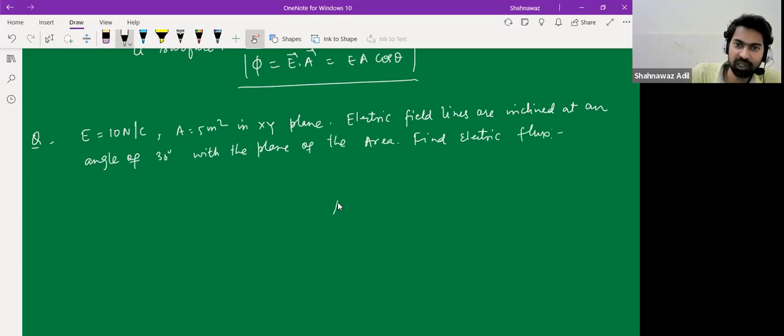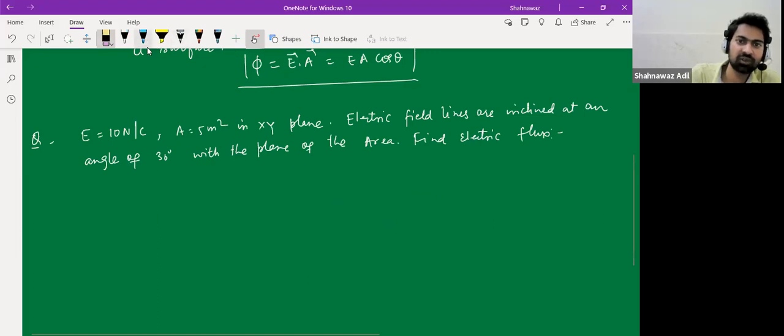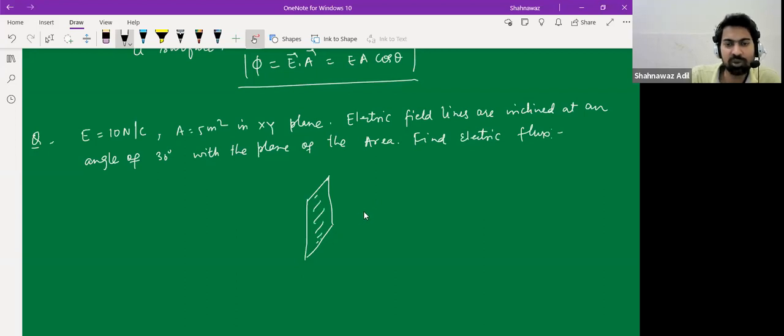Let me draw the diagram. Let's say this is the XY plane. What would be the direction of the area vector? Normal to this plane.